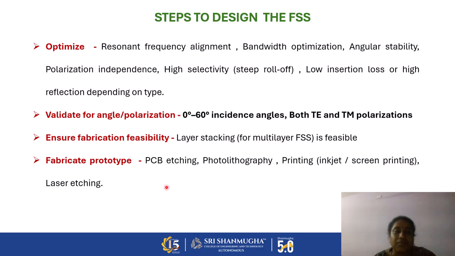Finally, the fabrication prototype can be made by using PCB etching and photolithography and then printing. In printing, there are screen printing, inkjet printing, and then laser etching. Mostly for the FSS structure, I used the PCB etching process for the fabrication of the entire FSS prototype.